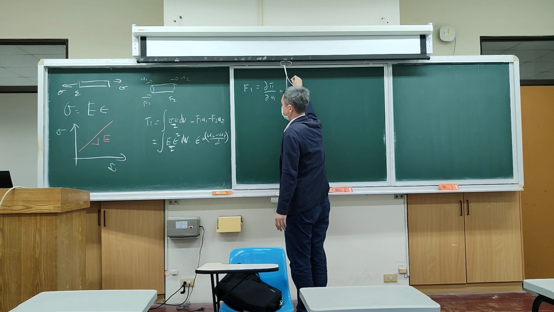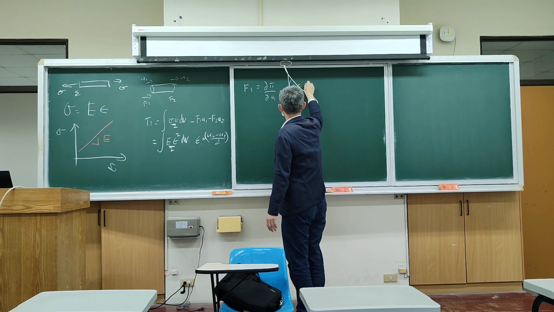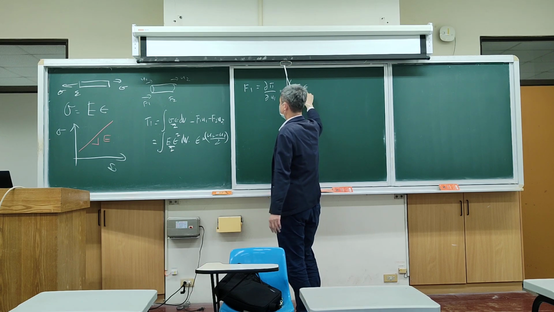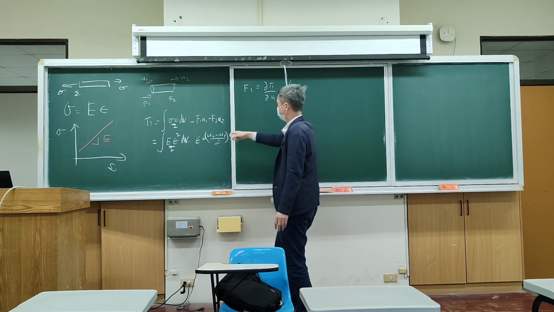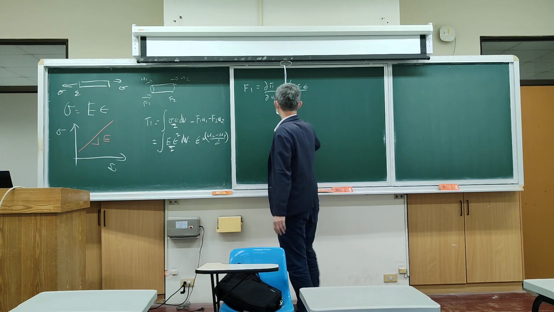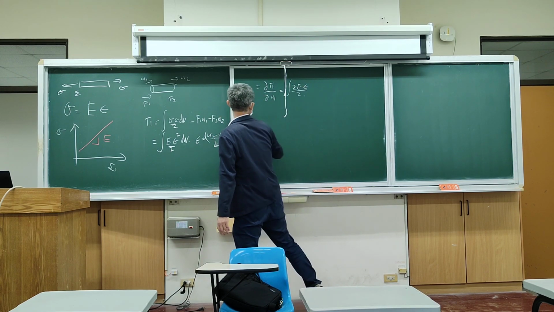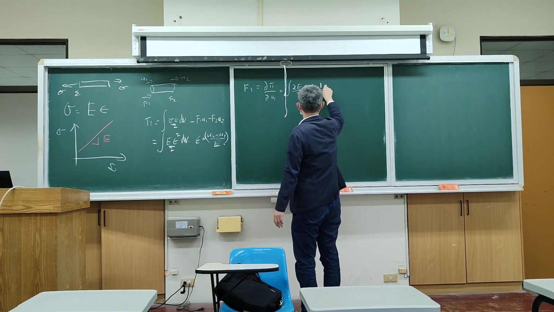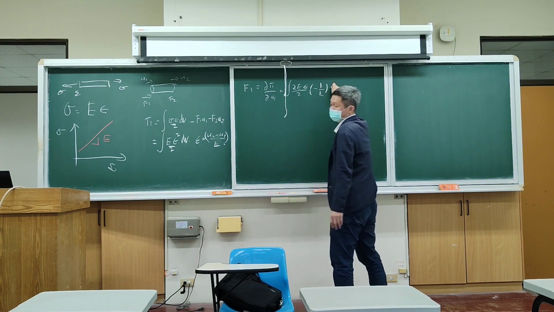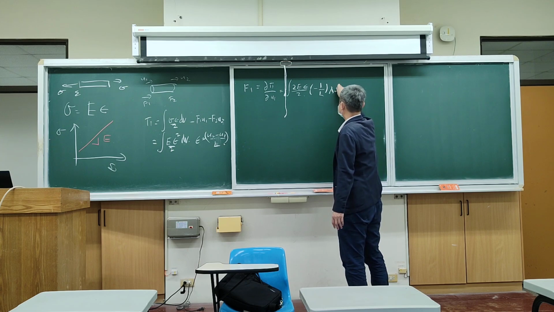Then this one will then be equal to 2E epsilon divided by 2. And del U1 will then be left with minus 1 over L, and then the dV is then your A dx.